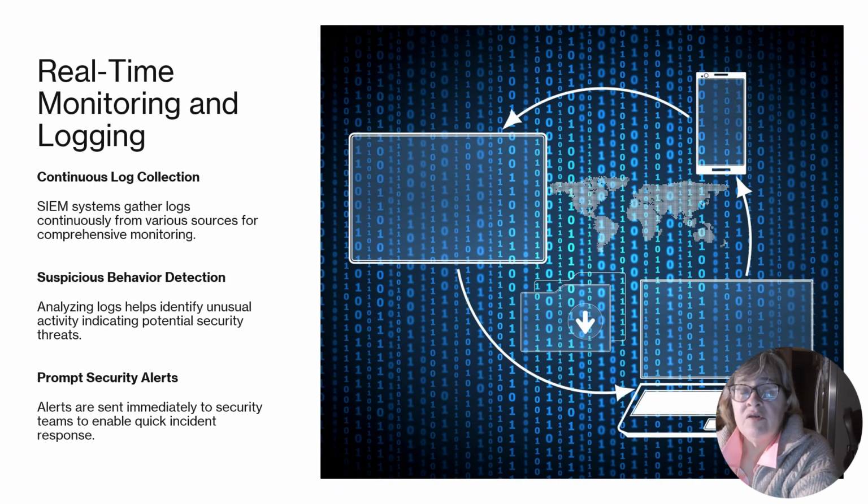SIEM systems continuously collect and examine logs. So all computers, systems and network systems have logs to detect suspicious behavior and alert security teams promptly. And again, if someone normally finishes at, say, 6 p.m. and their user is logging in at 8 p.m., that is something you should flag for attention. That could be a problem.